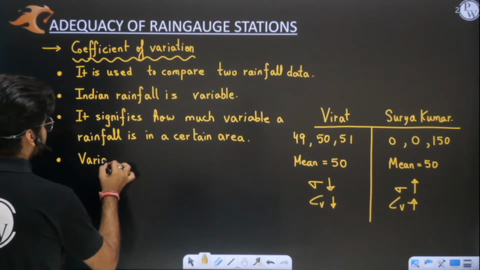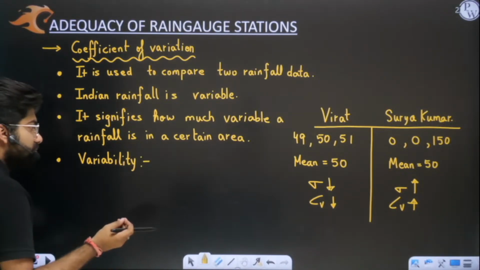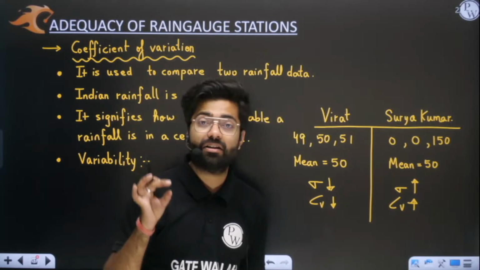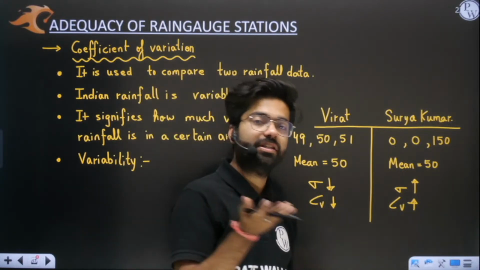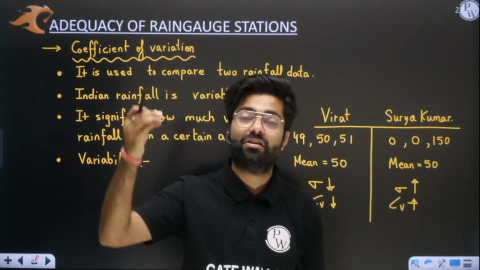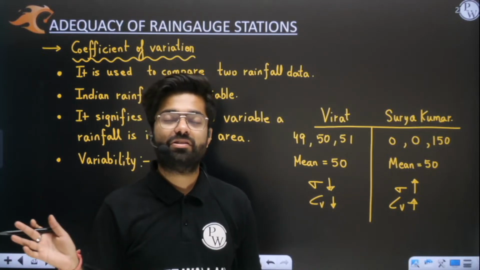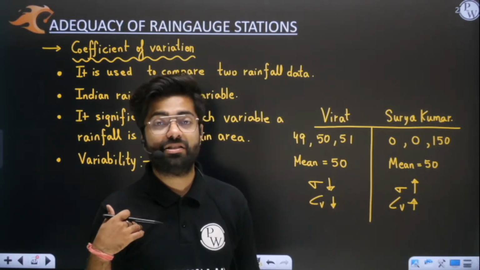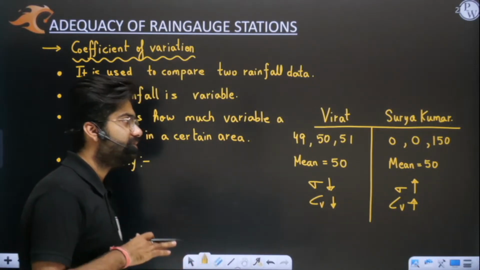If we talk of variability, sir, you are very much familiar with the thing that Indian terrain is variable. In some places you will see desert conditions, in some places you will see ice, a frozen frost place. In some places you will see very very heavy rainfall. So Indian terrain is very very variable.